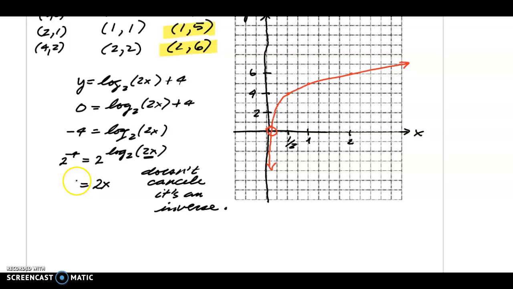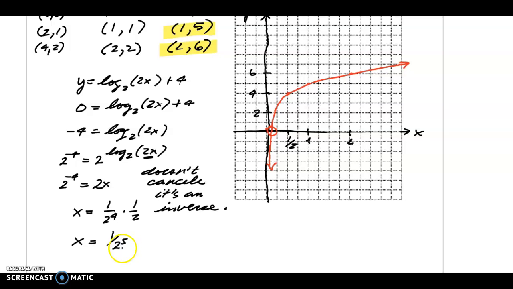And then this is just 2 to the minus 4. Well, then this is just x equals 2 to the minus 4 times, because I have to divide both sides by 2 again. So x is therefore 1 over 2 to the 5. Well, that's a very small number. If 2 to the 3 is 8, then 2 to the 4, I think it's 16.